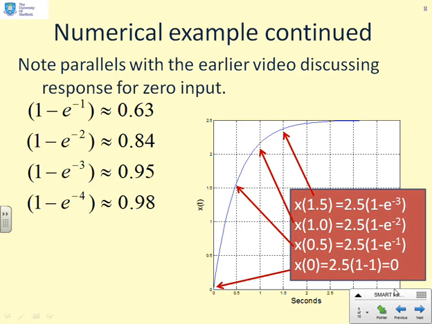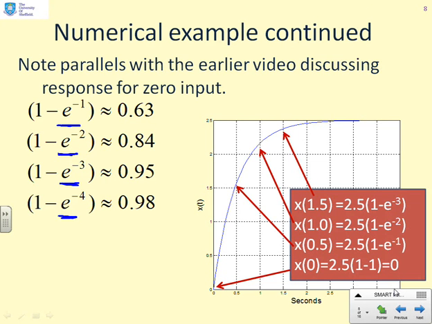So here we go. The key numbers that came up in the equation were 1 minus e to the minus 1, 1 minus e to the minus 2, 1 minus e to the minus 3, and 1 minus e to the minus 4. And you may remember, if you've looked at video 1, that e to the minus 1, e to the minus 2, e to the minus 3, e to the minus 4, these were key numbers that we recommended you remember.